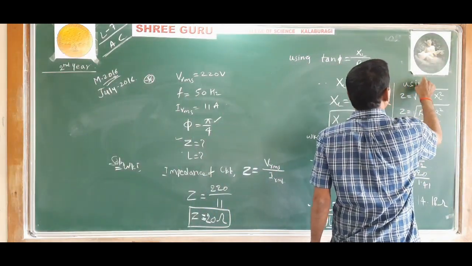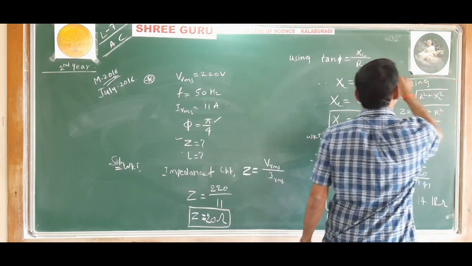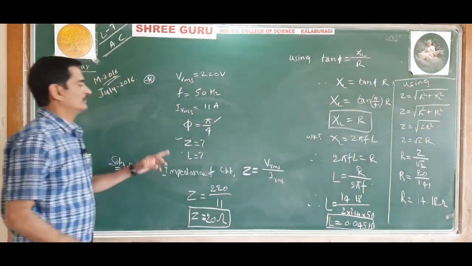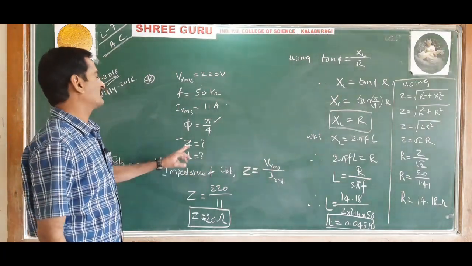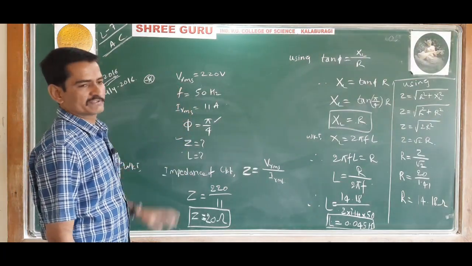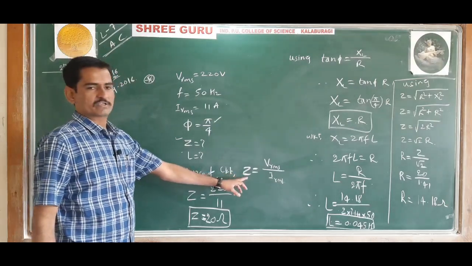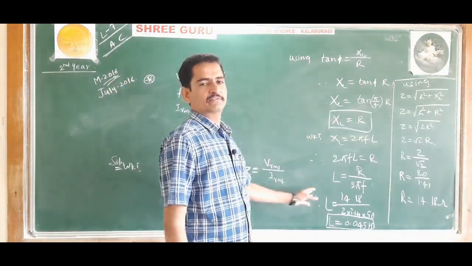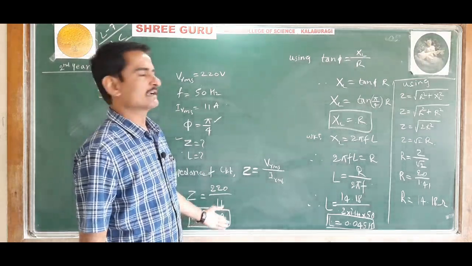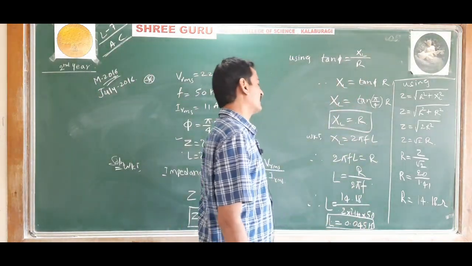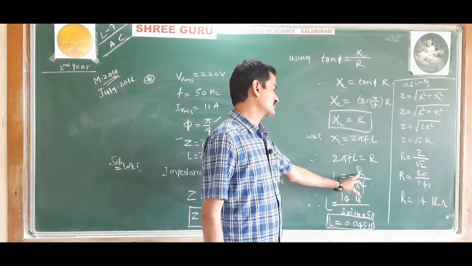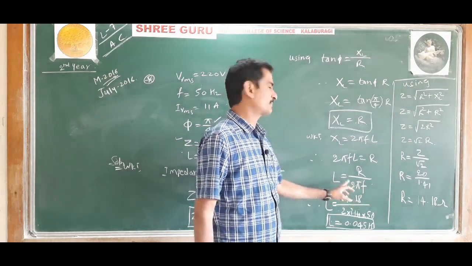See here. Phi is given, Z is question mark, L is question mark, IRMS is given, VRMS is given. So we can write Z is equal to VRMS divided by IRMS. Using that we have calculated Z, and using the tan phi formula we found XL is same as R. Then L is equal to R divided by 2 pi f.